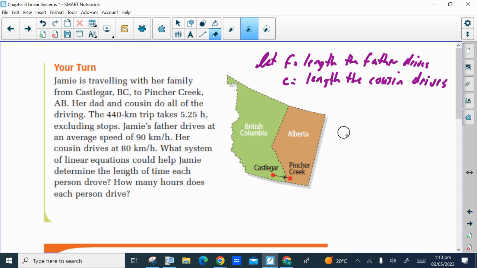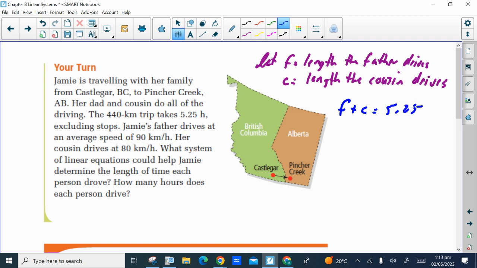I apologize. Because it's the length of time that each person drives. Our first formula should be F plus C equals 5.25 hours. Because F is the length of time that the father drives, and C would be the length of time that the cousin drives. So we should make sure that that's clear.